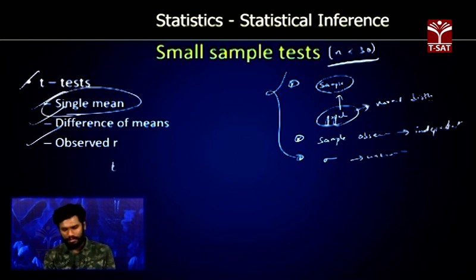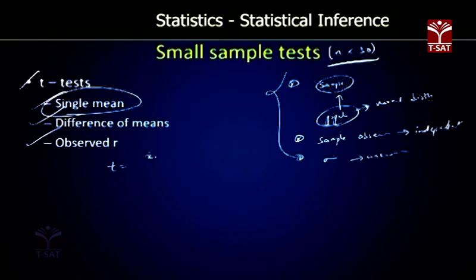The t statistic is given by x bar minus mu by capital S by root n. So what is capital S square? Capital S square is equal to 1 by n minus 1 into summation xi minus x bar whole square. Small s square is 1 by n into summation xi minus x bar whole square. Last class we have discussed this.